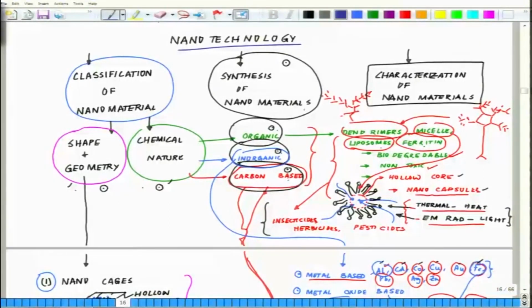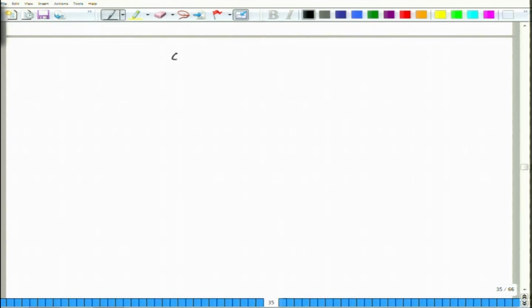Then we talked about the synthesis, where we talked about physical, chemical and biological basis, and this is the segment we are going to talk about now, characterization of nanomaterials.